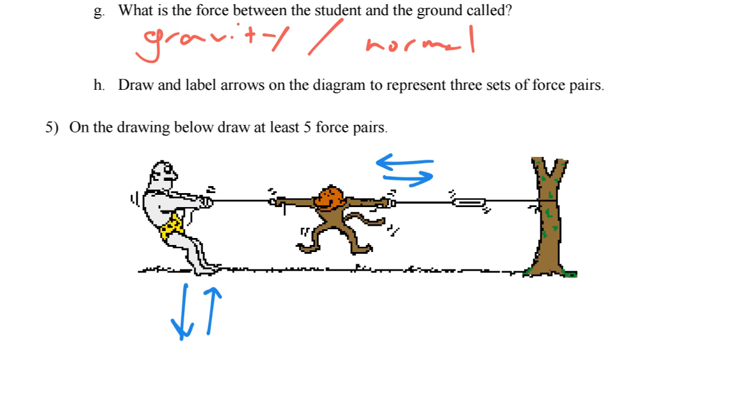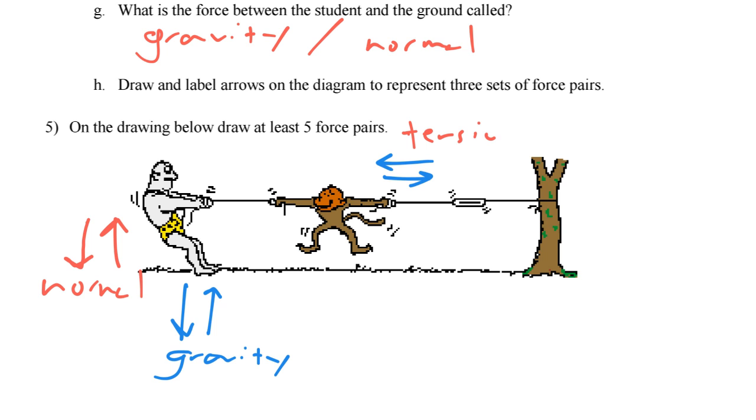And we also have the normal force from the ground and the force of our strong man on the ground. Notice that the normal force and gravity are not a pair in themselves. They each have their own pair. So that's gravity, and this is the normal force. And this over here we could call tension.